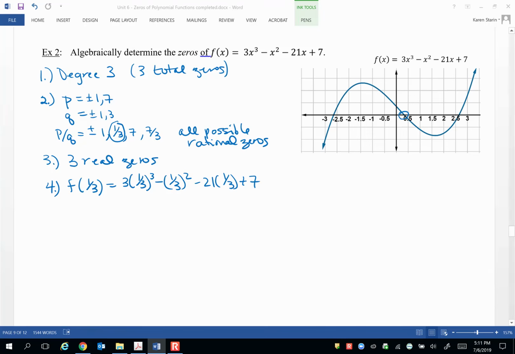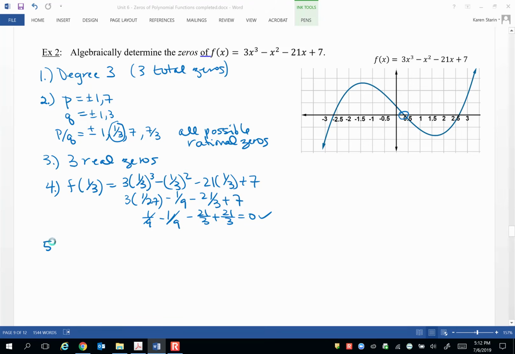So 1/3 cubed is 3 times 1 over 27 minus 1/9 minus 21/3 plus 7. So we have 1/9 minus 1/9, that's 0. And negative 21/3 plus 7 is 0. That does equal 0, so we do know that 1/3 is that zero that we can see.